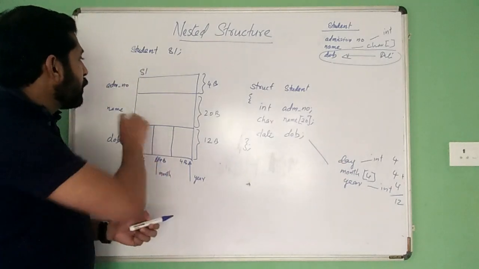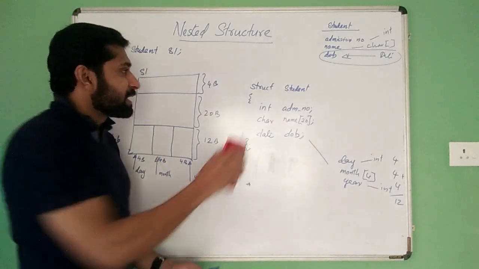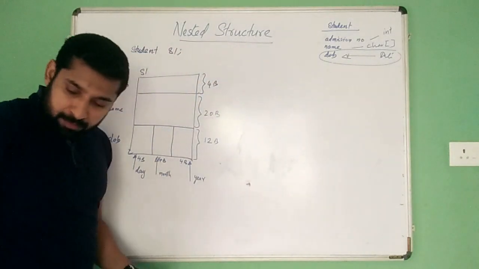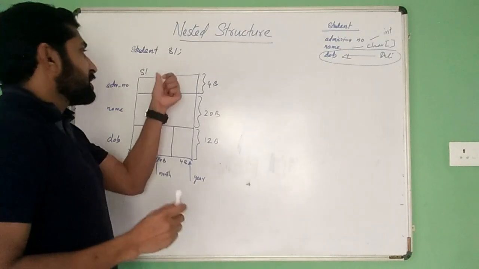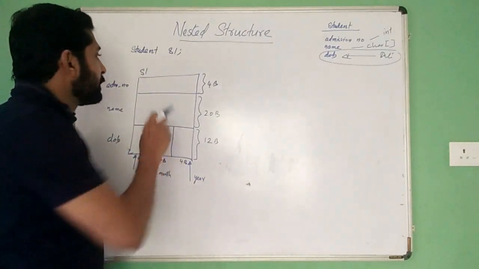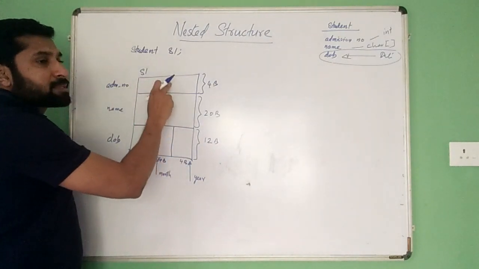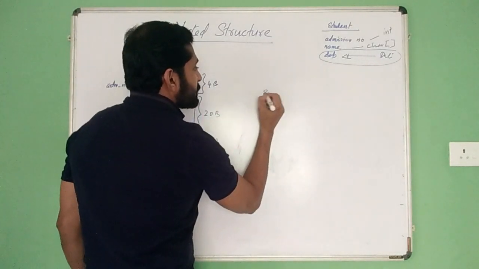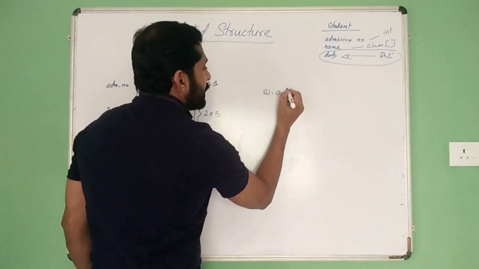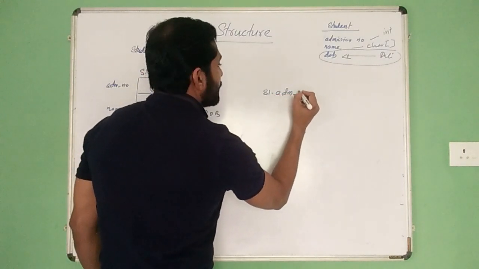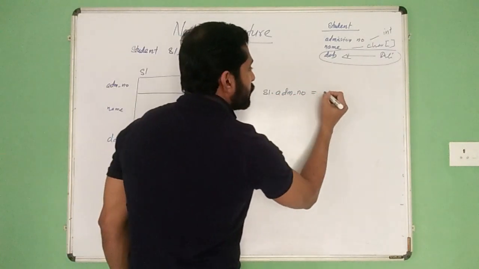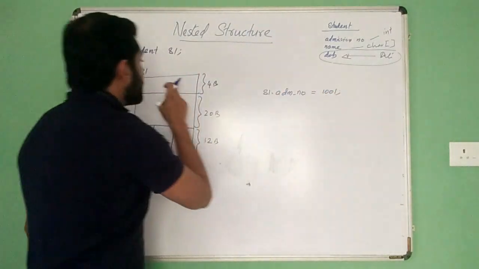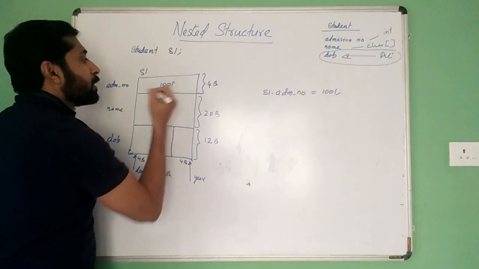Now the question is how we will access these elements. For accessing structure elements, we make use of the dot operator. Suppose we want to assign a number to this area, we can write like this: S1 dot ADM underscore num equal to 1001. So 1001 will get assigned to this area, no problem.